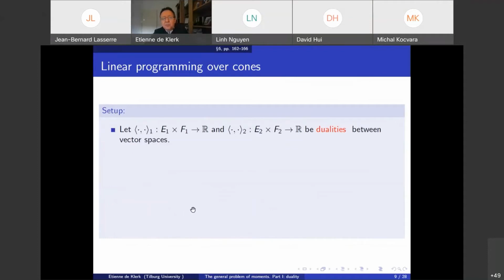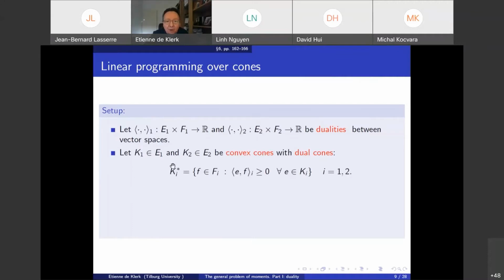Okay, so now finally we are almost in the position where we can state our linear optimization problem over cones, and we have quite a complicated setup. I ask you to bear with me, and we just go through all the details. So we have two dualities, as before, 1 and 2. Duality 1 takes its arguments in vector spaces E1 and F1. Duality 2 takes its arguments in vector spaces E2 and F2.